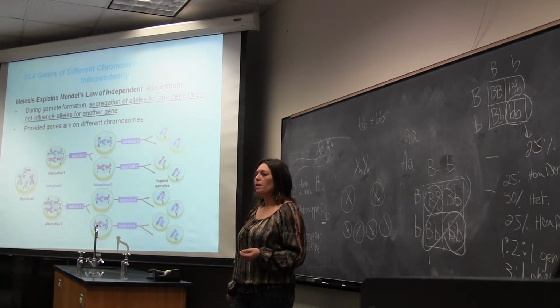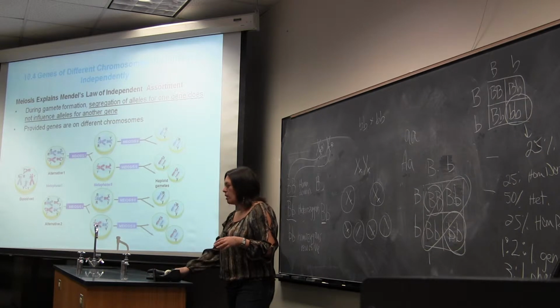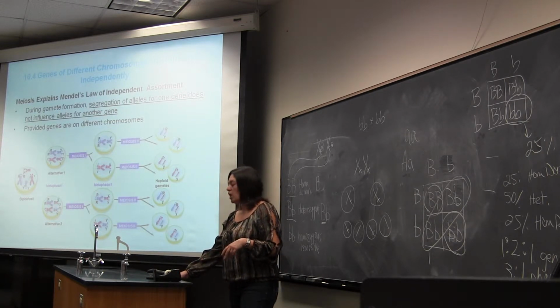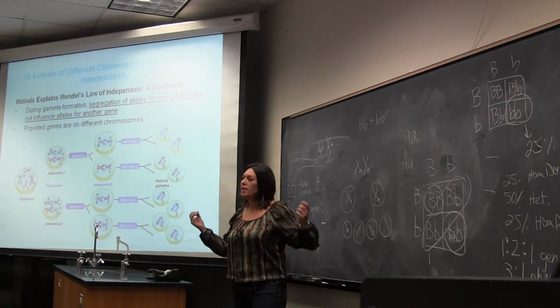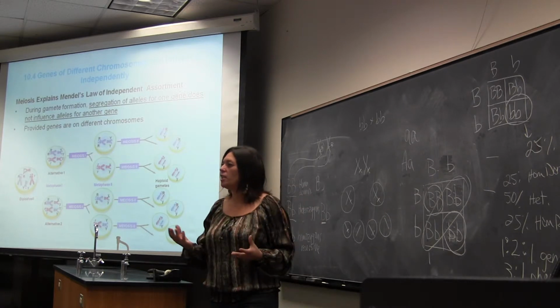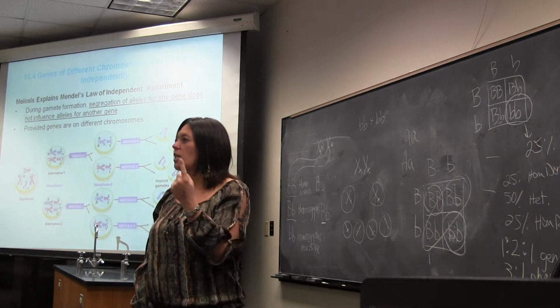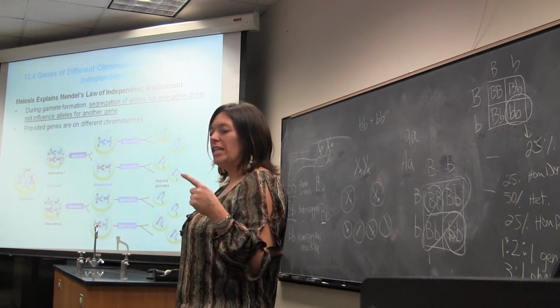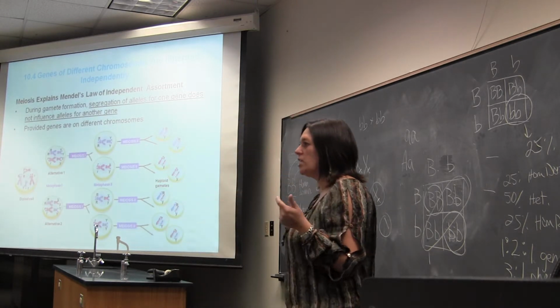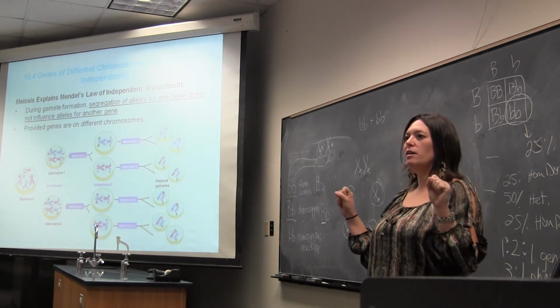The other law that Mendel discovered is the law of independent assortment. Remember when we were talking about meiosis and all the different ways that we can introduce genetic diversity? One way was crossing over. Another was random fertilization, random sperm, random egg.